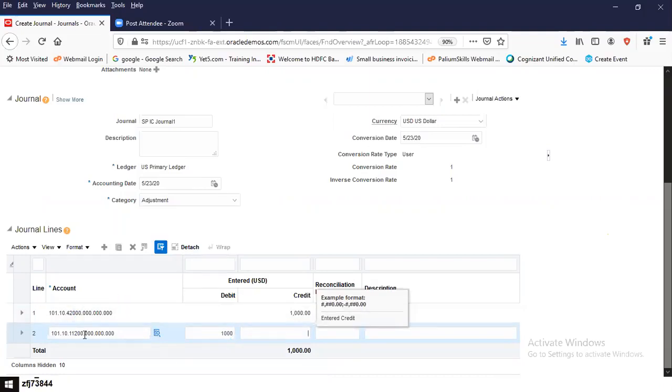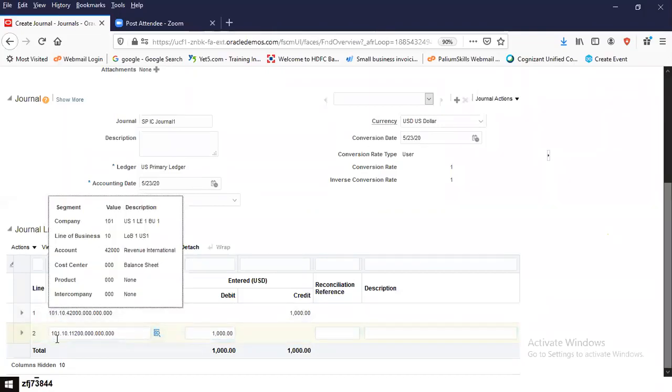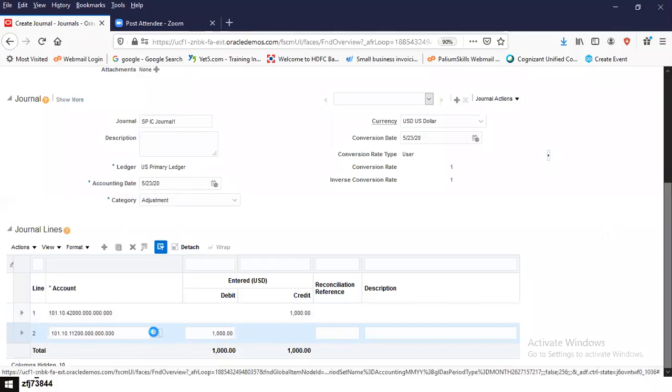The account may be different, or the cost center may be different, but the company has to be the same. That means for that particular balancing level, the journal is balanced. Got it? That is what we mean by balancing.